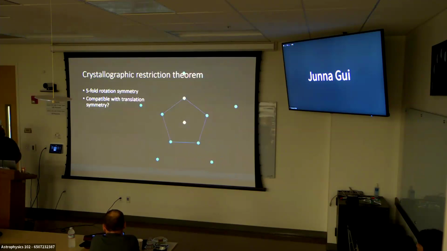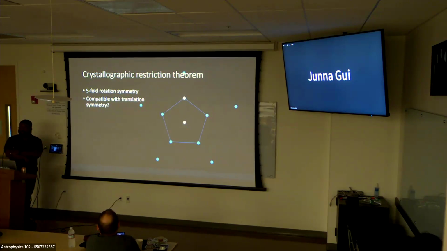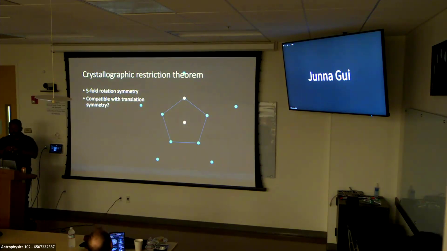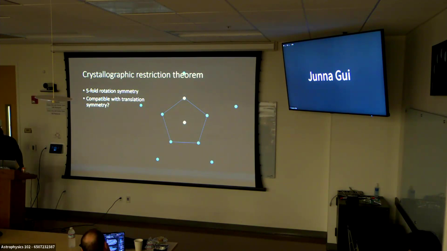Spare that detail. Okay, so now let's look at a system that has 5-fold rotation symmetry. The question to ask yourself is: is this system compatible with translation symmetry? So here's my 5-fold rotation symmetric pattern. I'll just call it a pattern.